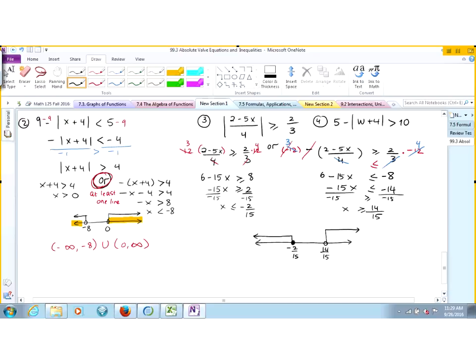Is it open or closed? Closed, yes. So what do you have here? Negative infinity to negative 2 over 15, union, yes, finish.